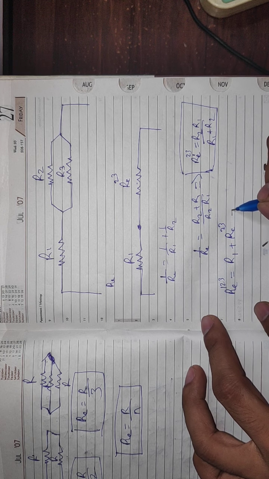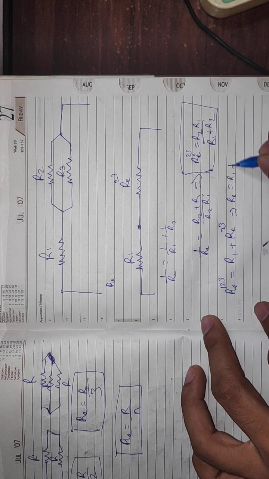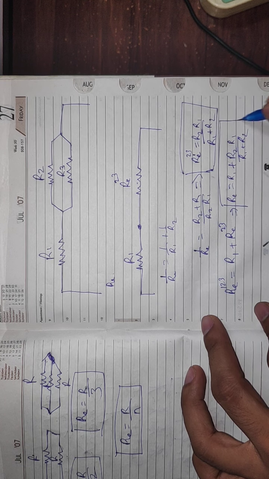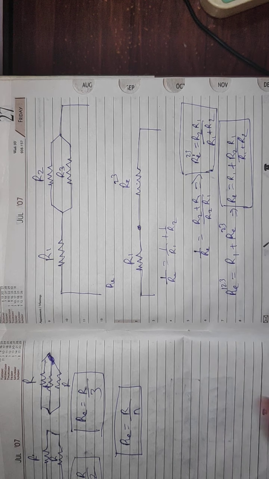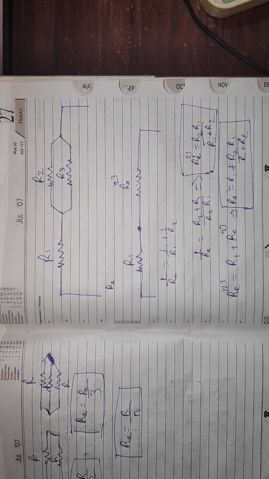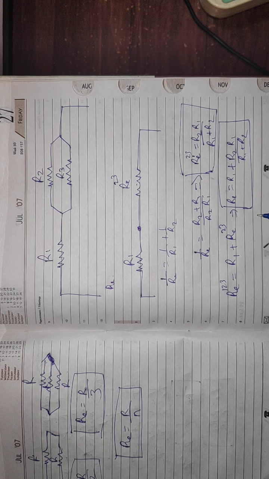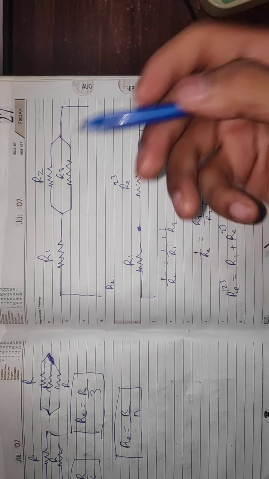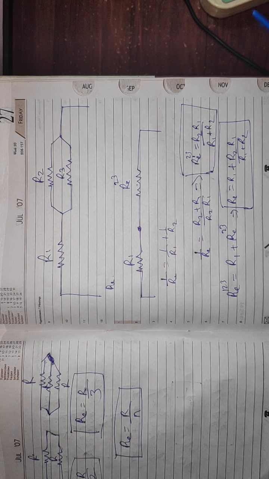So R equivalent will be equal to R1 plus R equivalent of 2, 3, which is from here R2 R1 upon R1 plus R2. You can simplify this form also, or you can leave it as it is. Simplification will give you a simpler answer. Currently I am not simplifying it, but you can simplify this also. This is a simple method to solve the combination of both series and parallel types of connections.